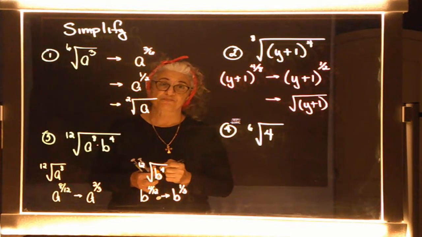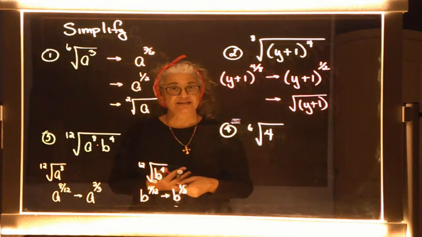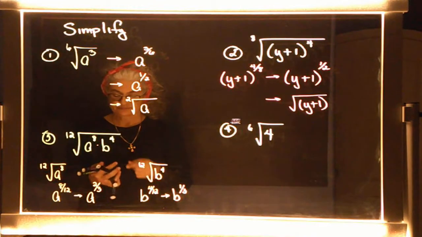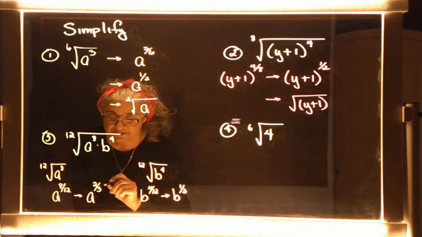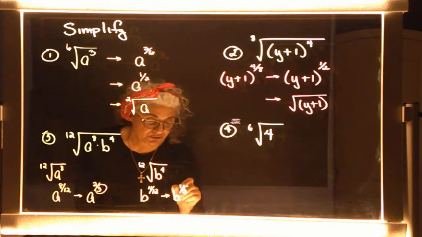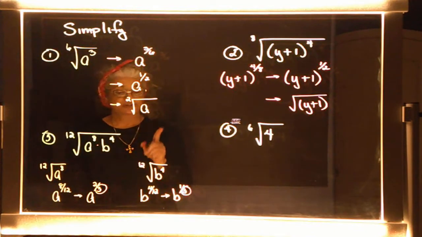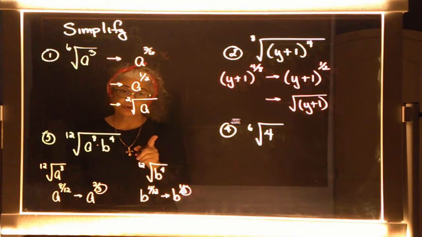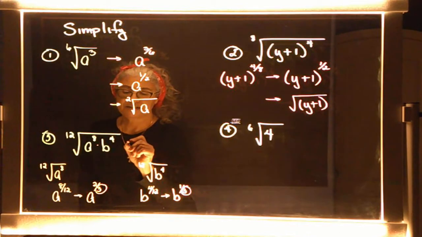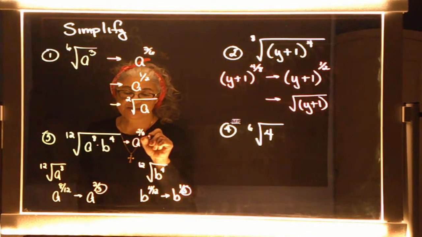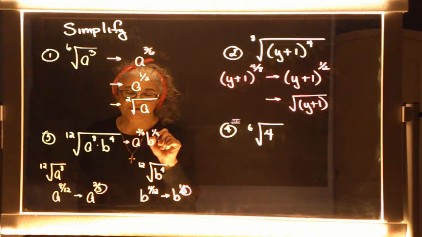Agreed? Okay, so now let's think about this. Both of them have the same root, the cubed root, don't they? So I could leave this as a to the 2/3 times b to the 1/3.